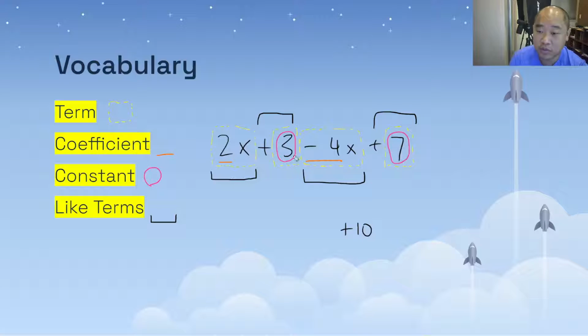And the 2x and the -4x can also be combined to make a new term, which is -2x. And so these pieces are like terms. As I talk about these things, if you forget what I'm talking about, you can come back to this slide to see what those terms mean.